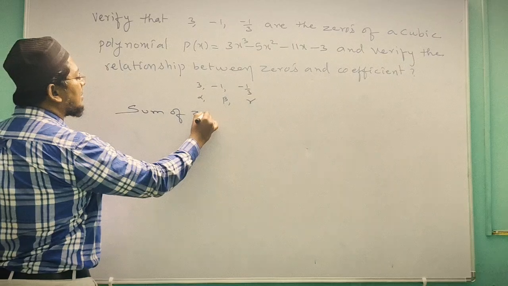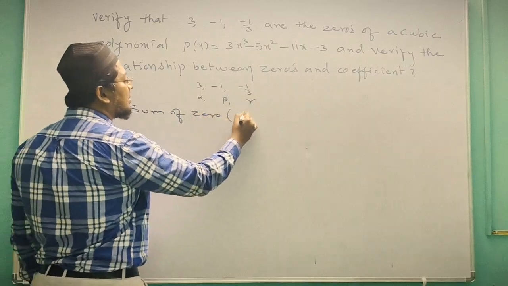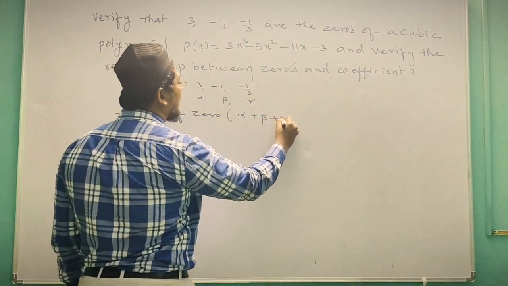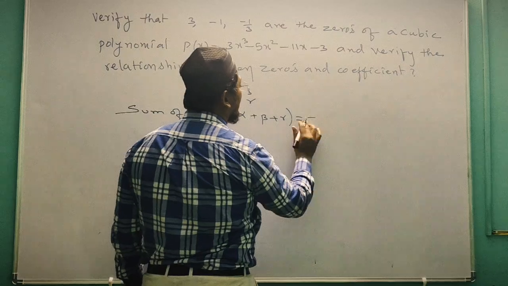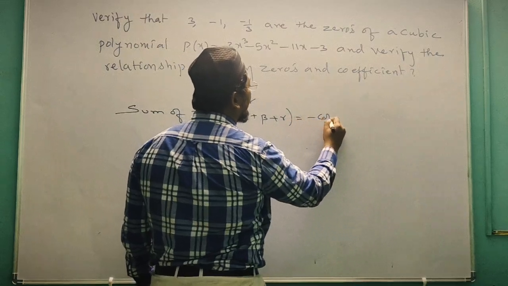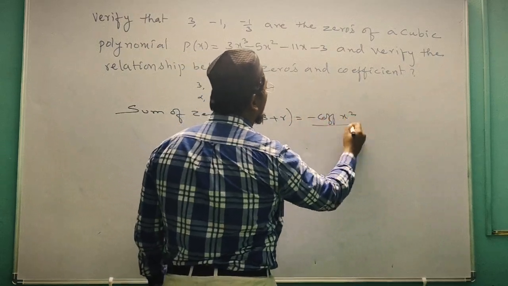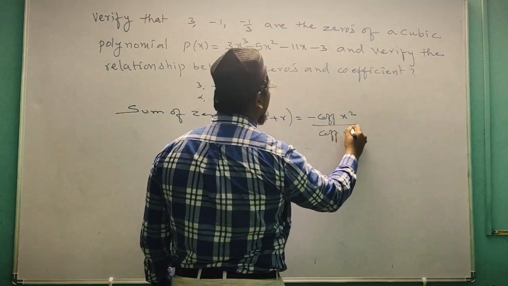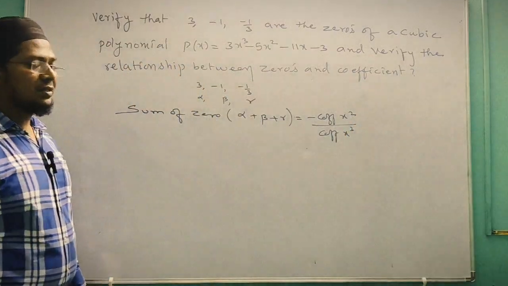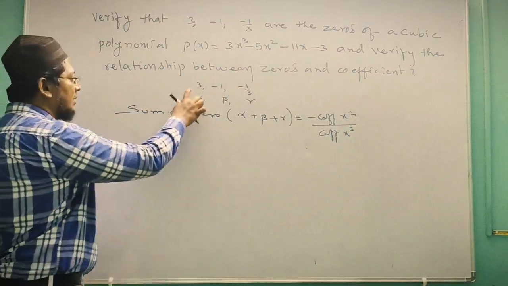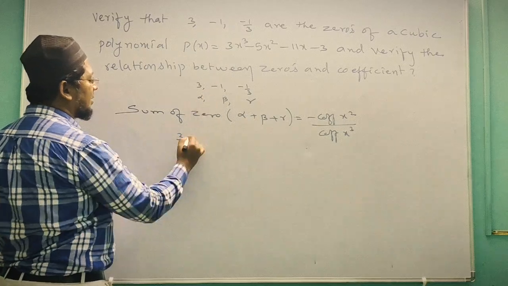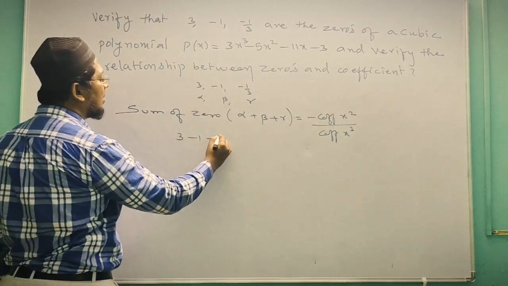Sum of zeros, which means alpha plus beta plus gamma, is equal to minus coefficient of x square upon coefficient of x cube. Alpha plus beta plus gamma. What is alpha, sir? Alpha is 3. What is beta, sir? Minus 1. What is gamma?